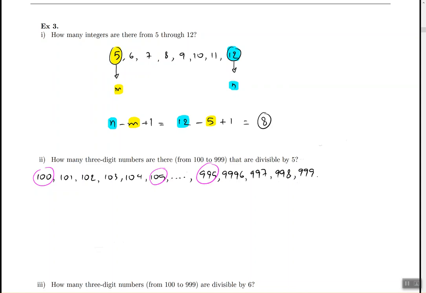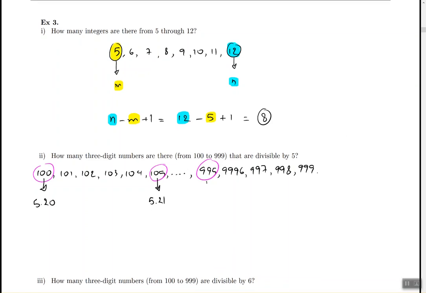By the way, 100 is 5 times 20, and 105 is 5 times 21. You can test it out with your calculator. What about 995? 5 times what? Using a calculator, we find that it's 199.